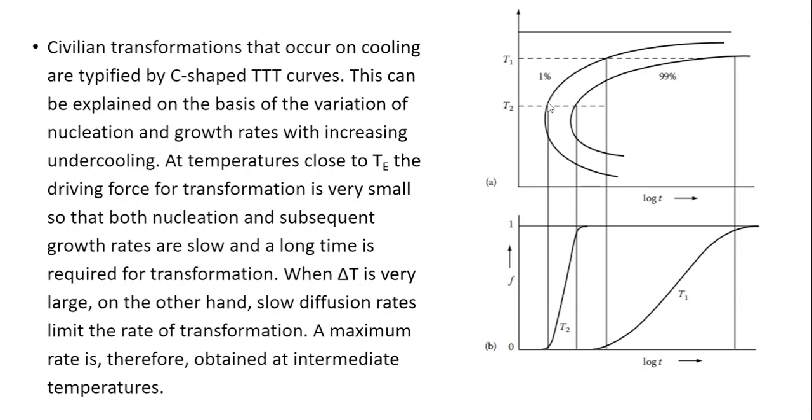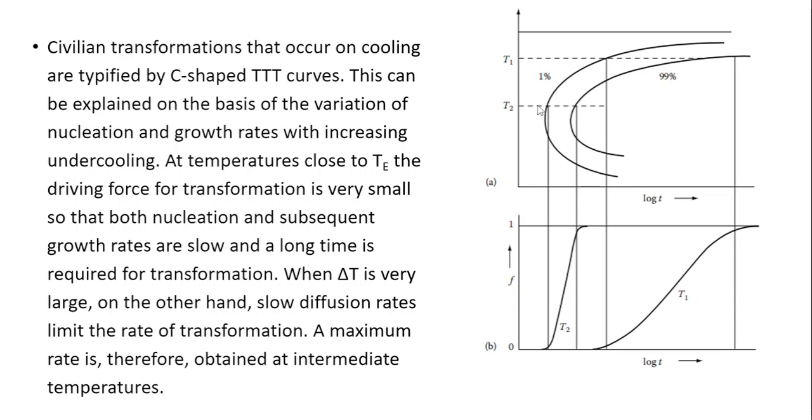So consider this interval, when you have got say 1% conversion of austenite into pearlite, and then let this point be around 99%. The time elapsed between these is represented here.